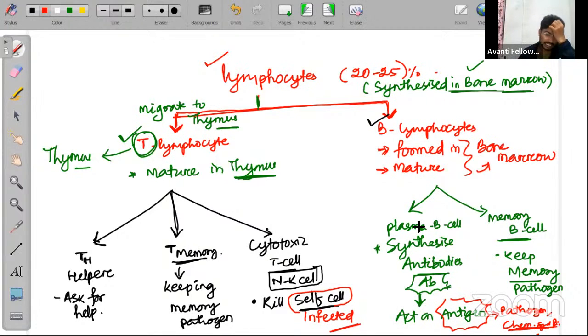So this is like ये जिसके वजह से infection होता है, जिसके वजह से body खराब होता है, जिसके वजह से we get affected, we generally get infected. That is called your antigen. So our body, the plasma B cell, will be synthesizing some specific antibody, which will fight against the antigen. Antigen is the foreign particle, foreign pathogen. Okay, so this is a brief description about different types of lymphocyte, T lymphocyte and B lymphocyte.